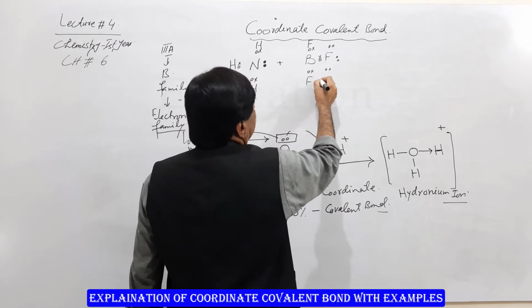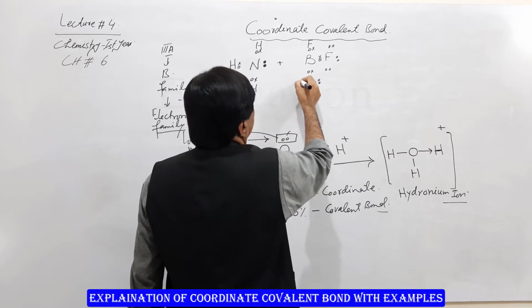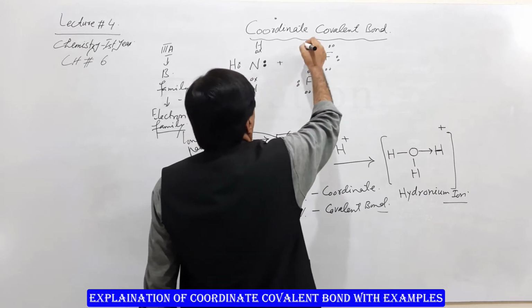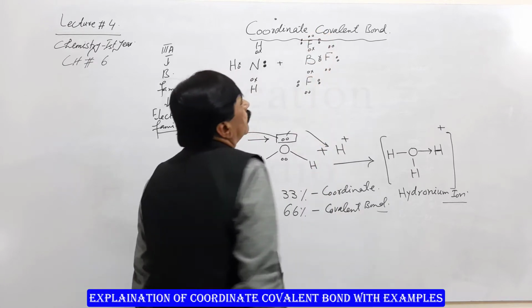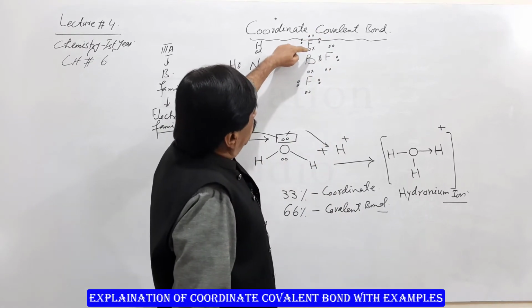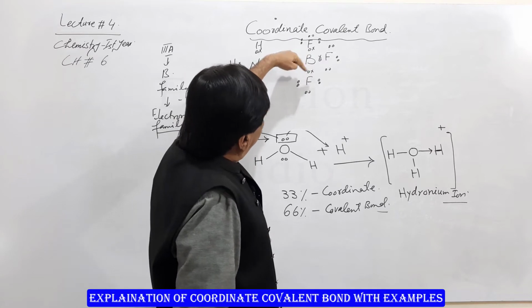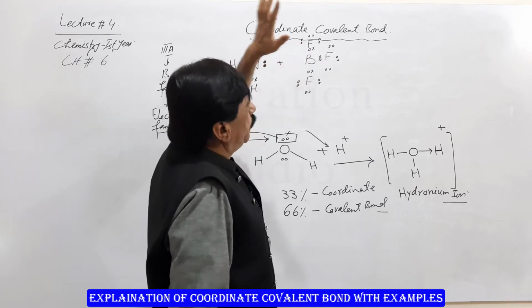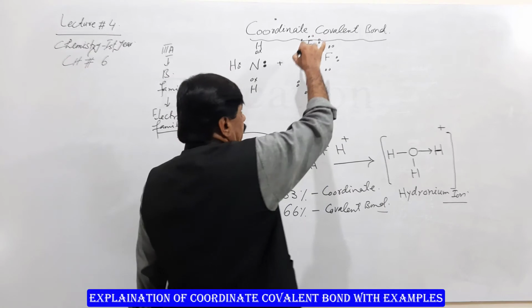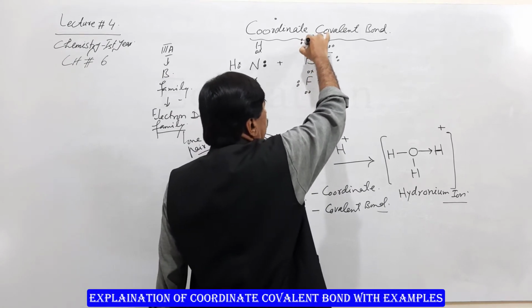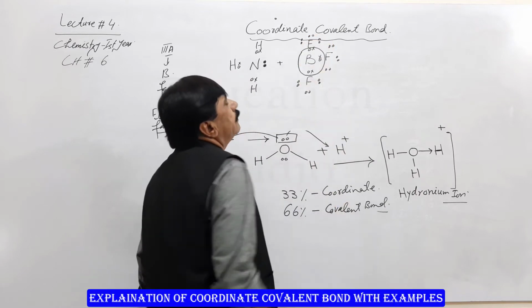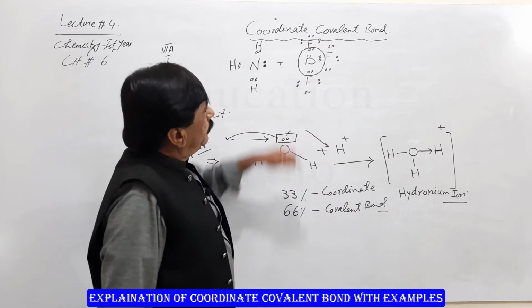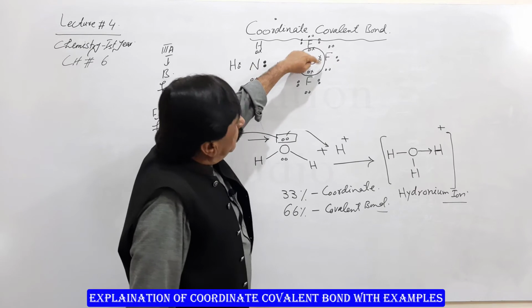because fluorine has seven electrons in its valence shell, and one electron of each fluorine is bonded with the three valence electrons of the boron. After forming the three covalent bonds with the three fluorine atoms, the octet of the boron is not completed.